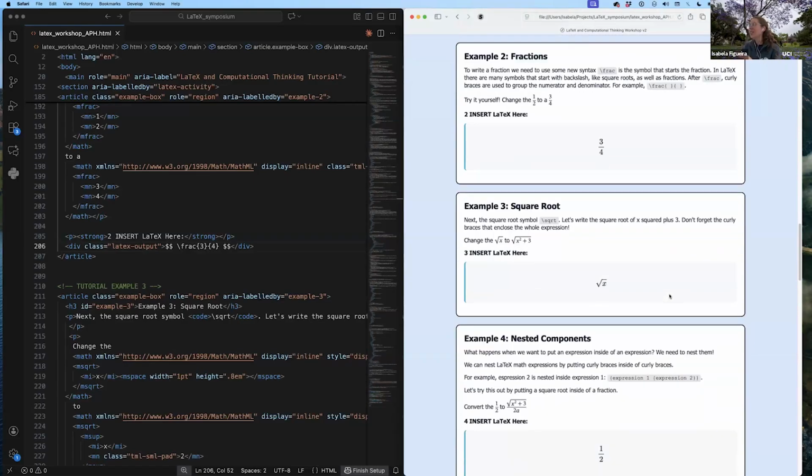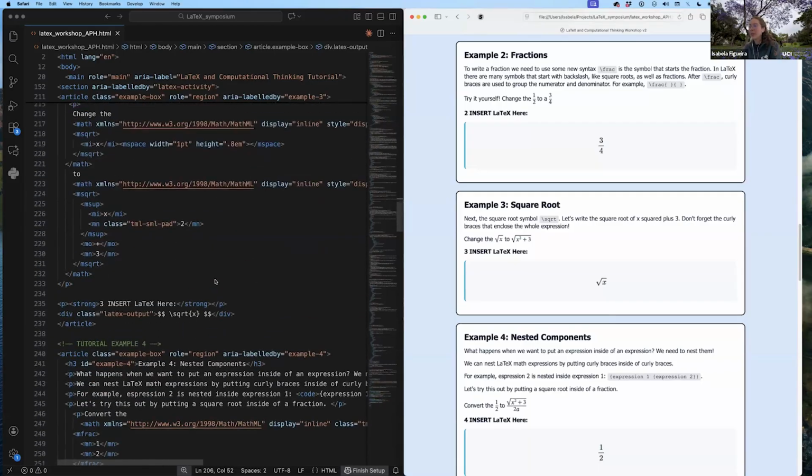So next, let's try example 3, which is square root. The square root symbol, which I showed earlier, is \sqrt. So in example 3, let's write the square root of x plus 3. And don't forget the curly braces that enclose the whole square root.